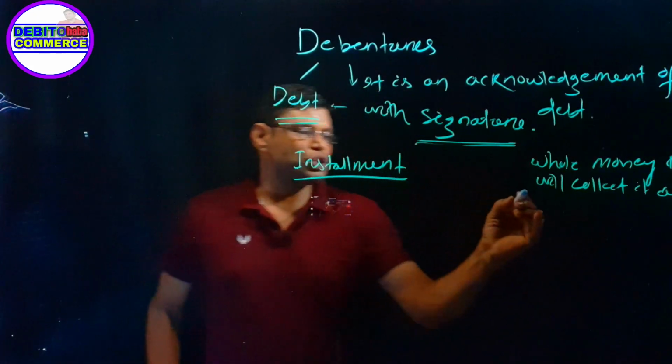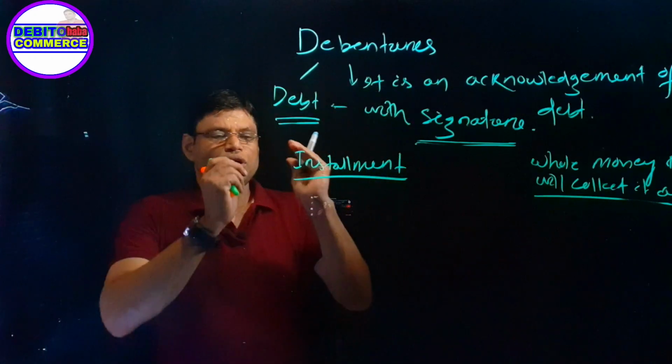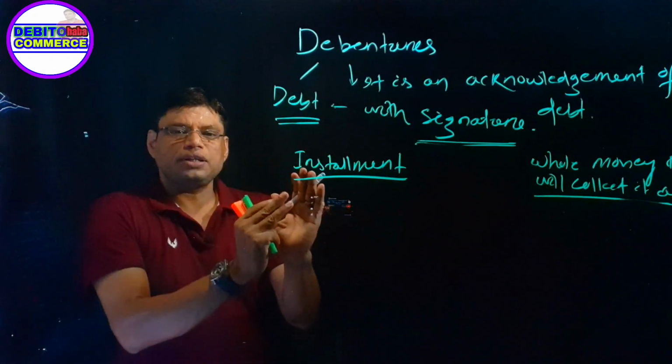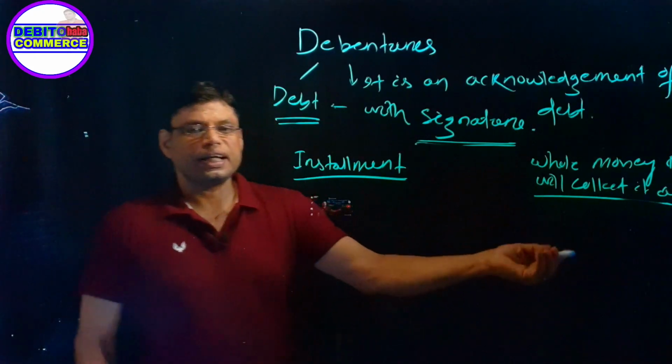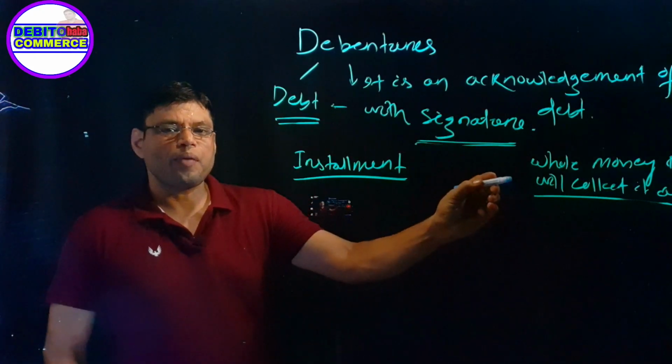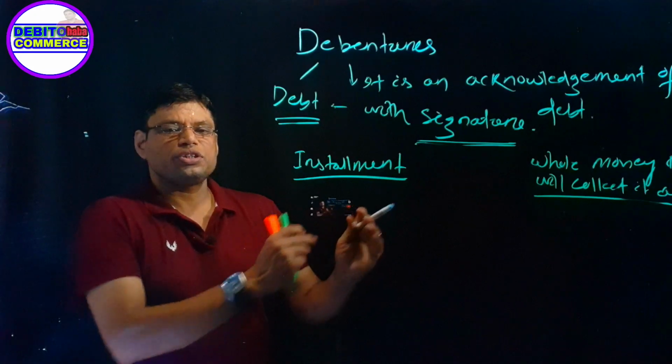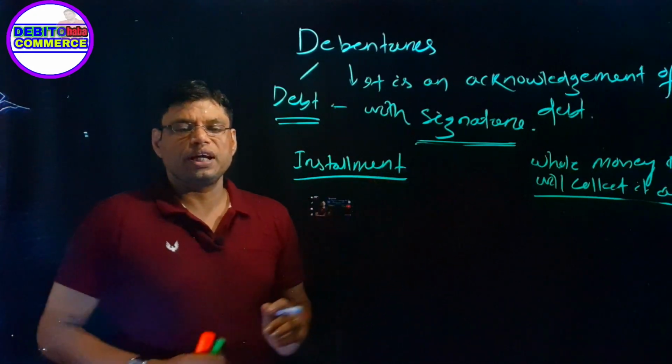So these two situations you may face: they take the money through installments, or they collect all the money from the public at one go, in application.